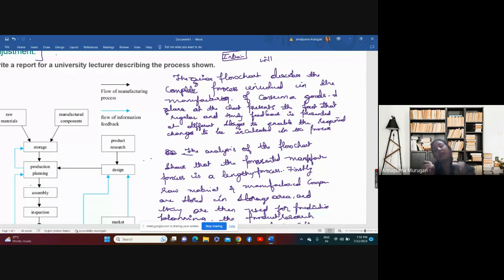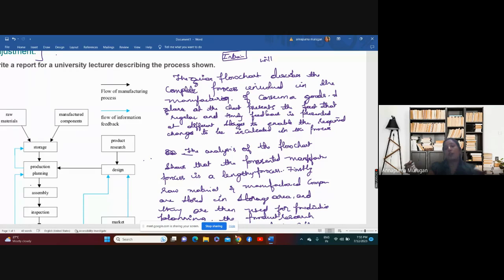That's the reason we are using manufacture of consumer goods. See, process involved in manufacture. So manufacture is making, production of consumer goods, right?